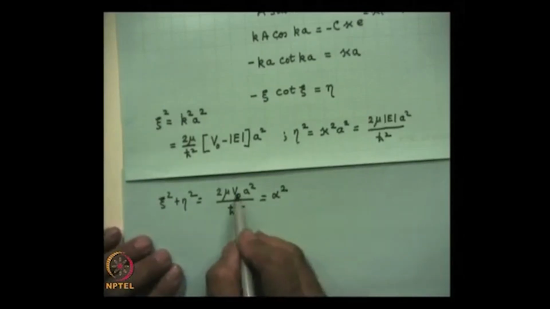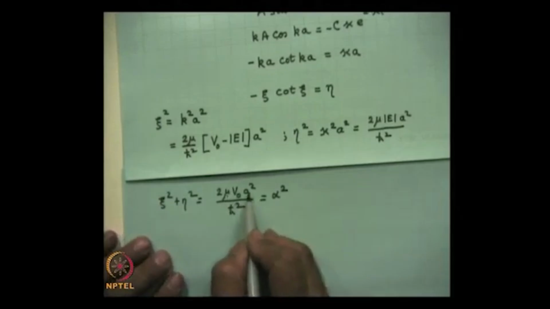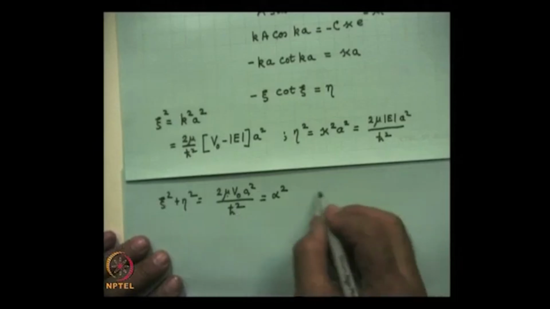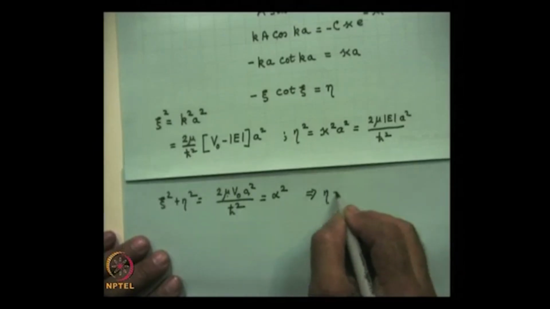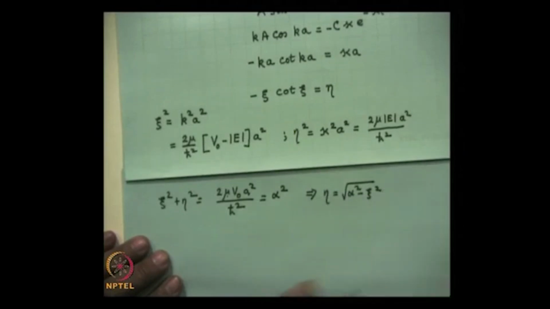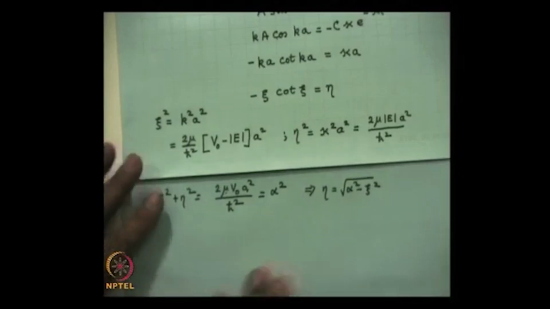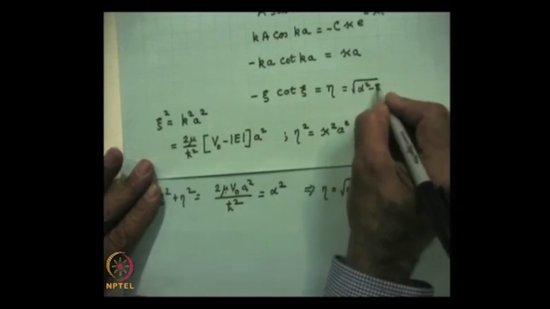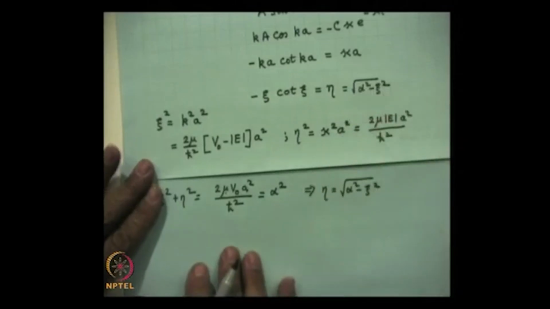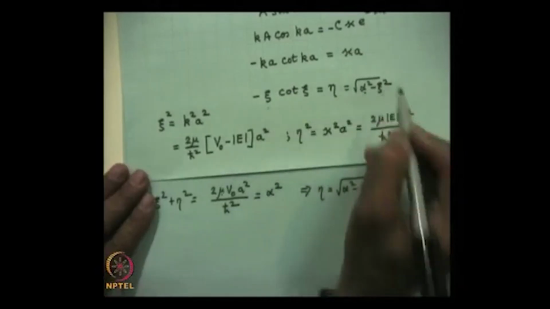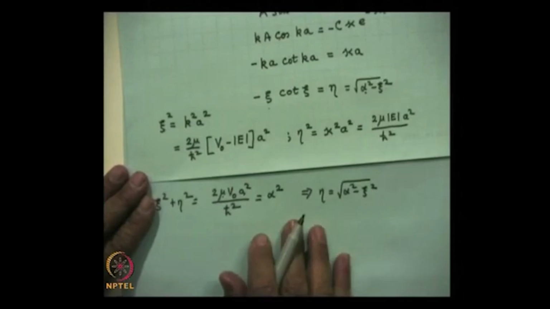For a given potential, a given reduced mass, a given radius, and of course, Planck's constant is a constant, this gives me that eta is equal to the square root of alpha square minus xi square. So, this is just similar to what we had experienced in our one dimensional case. For a given value of alpha, we have to solve this transcendental equation and obtain the discrete eigenvalues.